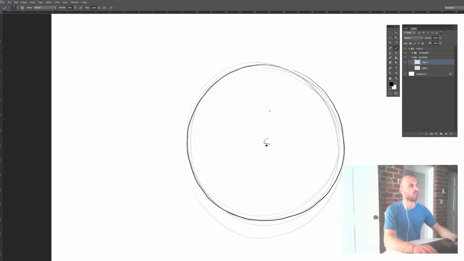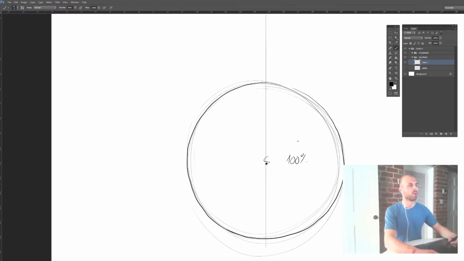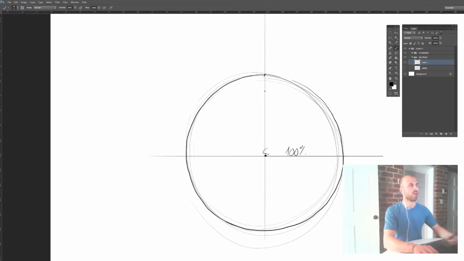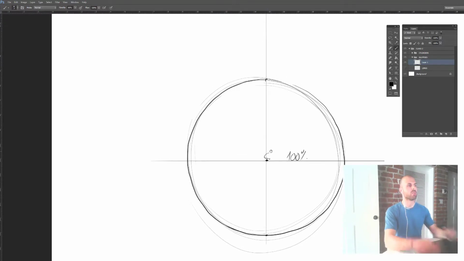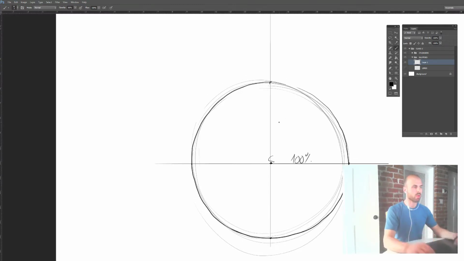So the circle can be considered an ellipse that has the width of 100%. Usually it's good to sketch a couple of lines that run through the center, and these two lines that are perpendicular identify the two axes that control the circle.